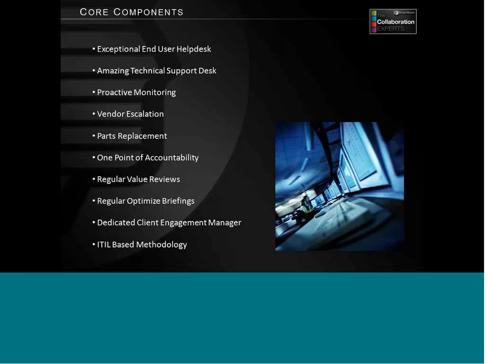Generally speaking, large organizations have quite big internal teams managing this sort of tier one end user help desk requirement, but it is very important, and so we put that at the top of the list because sometimes it doesn't get the attention that it deserves.